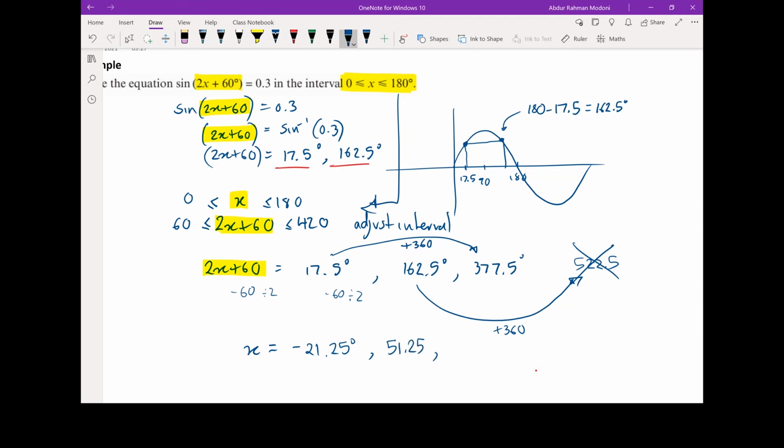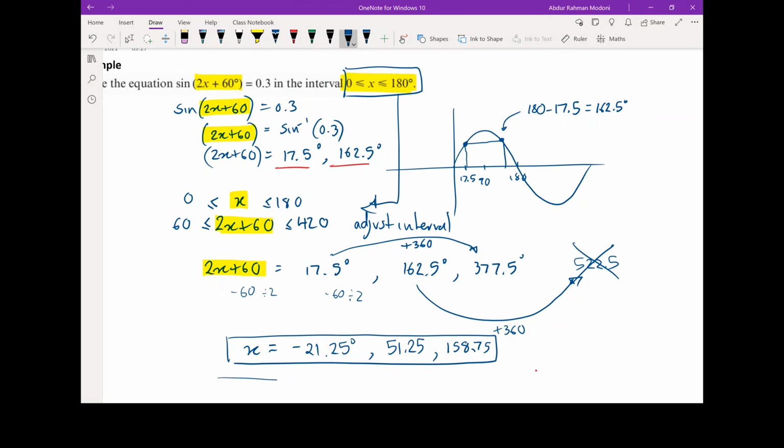And likewise 377.5 minus 60 and then divide by 2, and that gets me 158.75. So these are my solutions for x within the range 0 to 180, which was the original interval, and we can see that these fit the original interval.